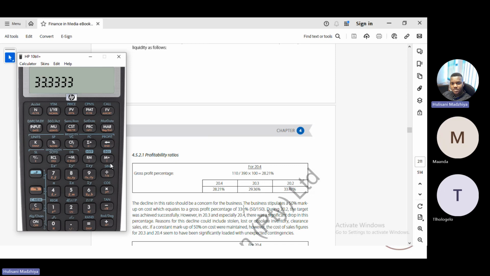But if you take a look, only in 2.2 we managed to make that gross profit. In 2.3 and 2.4, our gross profit went down. So even with this markup, either our selling price has remained constant whereas our cost of sales has been increasing.